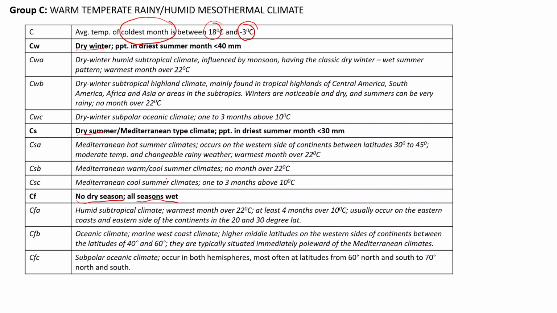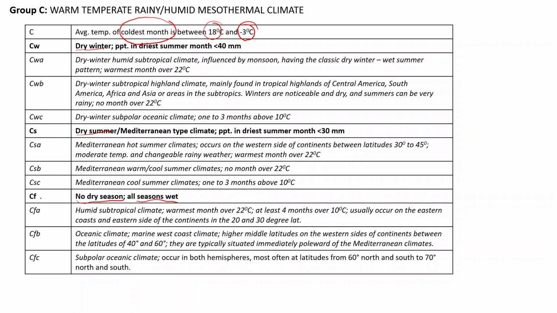Remember that in the tropical humid climates, we had F, W, and S. F was for rainforest, W was for dry winter, and S was for dry summer. Similarly, here, if F is attached as a suffix to any group, it becomes wet seasons, all seasons wet, there is no dry season.